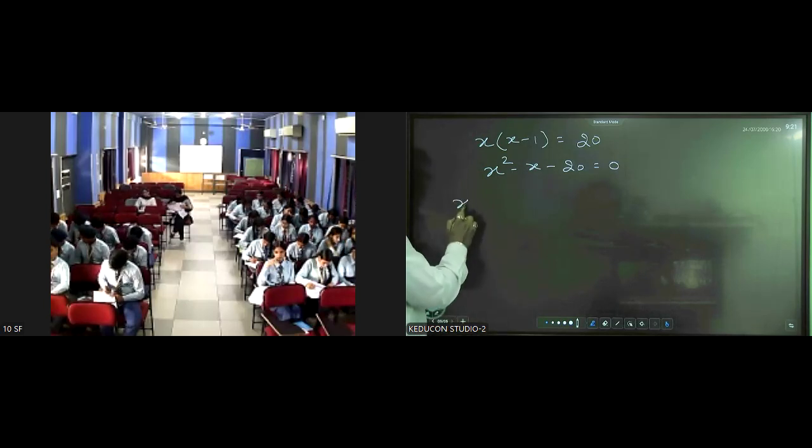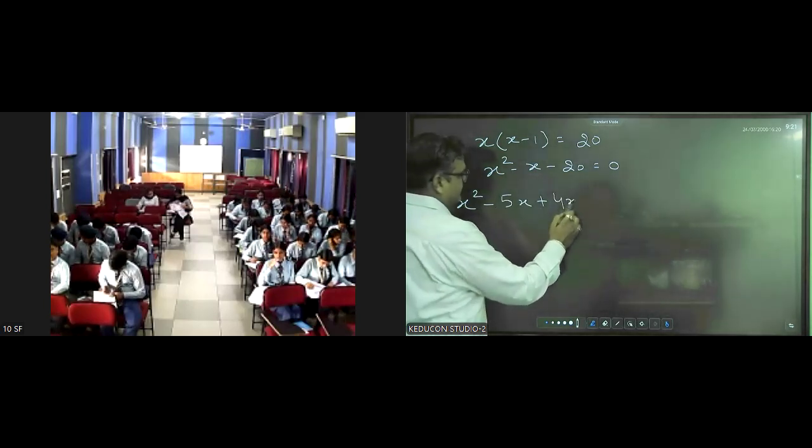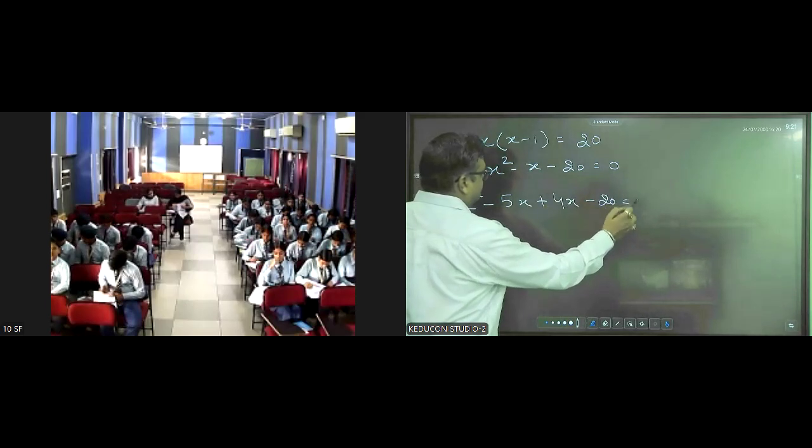Anji student done? What is the value of x? 5 आ गई बच्चों सबको वैल्यू. फैक्टर बन जाएंगे x² - 5x + 4x - 20 = 0.